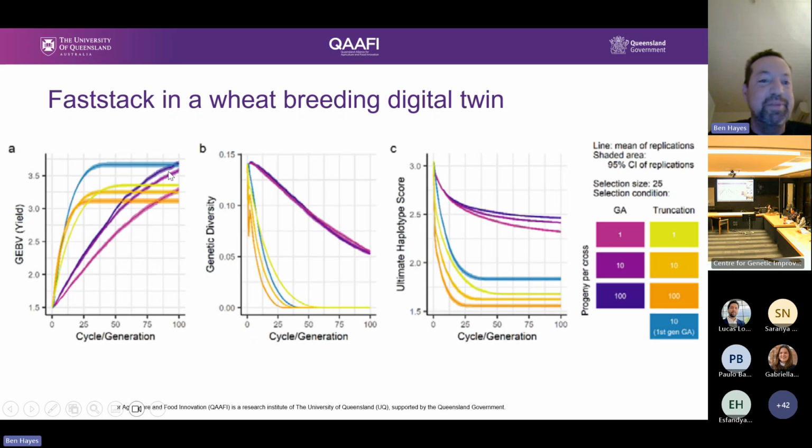So that turned out to be the strategy that generated the most genetic gain most quickly. The interesting thing was, and I'll come back to this, our optimal haplotype stacking approach maintained quite a bit more genetic diversity than the traditional truncation selection on GBV, and I'll come back to that.